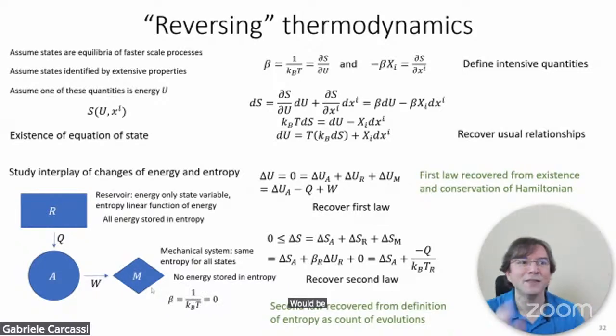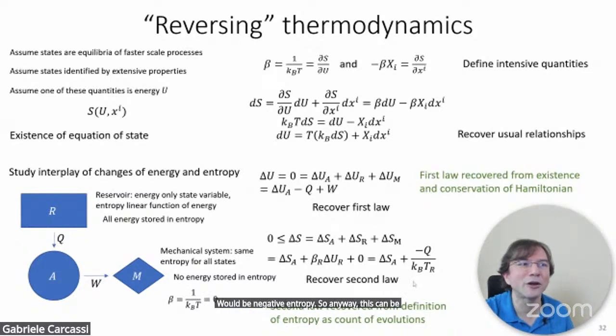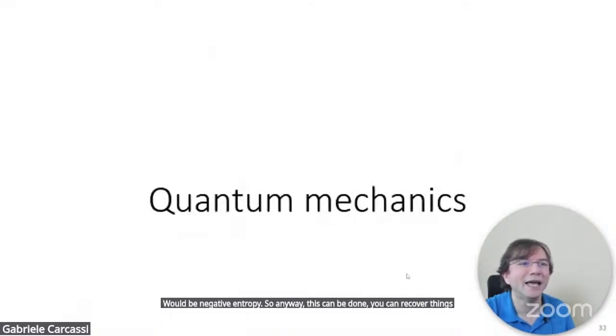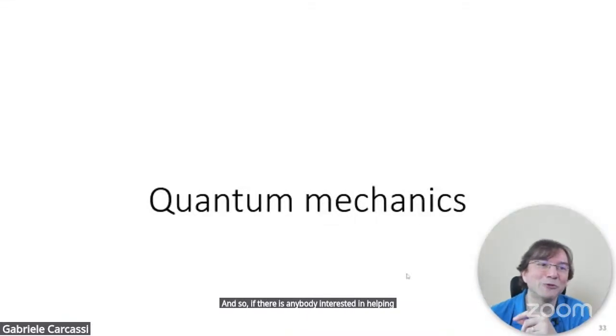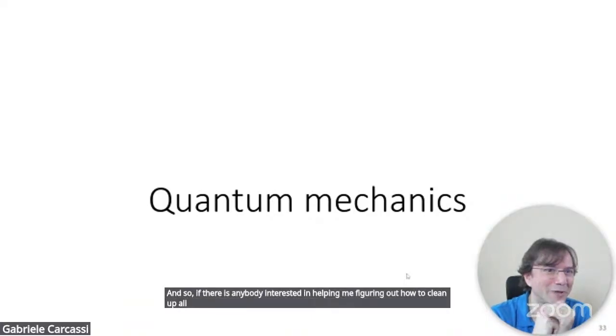So anyway, this can be done. You can recover things, and if there is anybody interested in helping me figure out how to clean up all this stuff, that would be great.